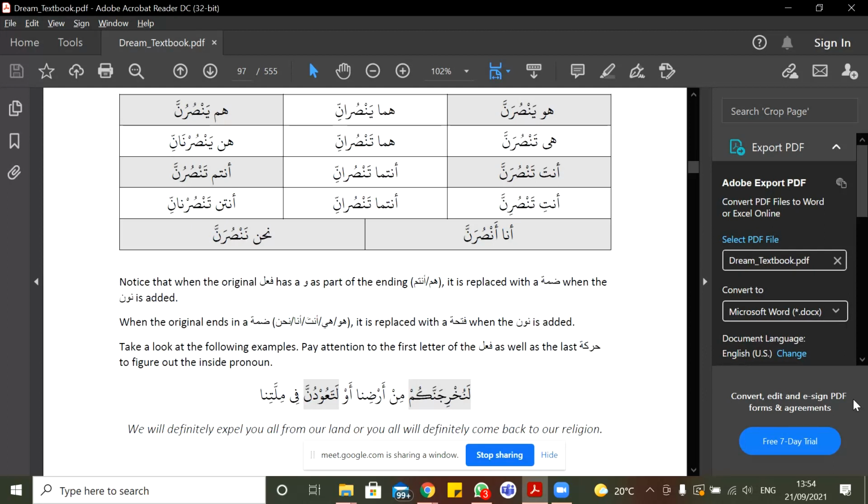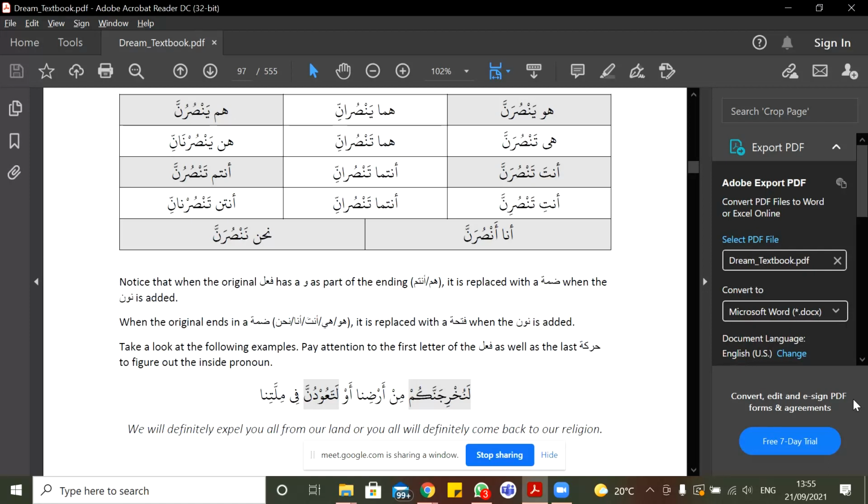Because of the nun with the shadda, it shows the nun of tawkid, to show emphasis. And kum is maf'ul bihi. And there's min. You forgot the la. Oh, la. La is also for emphasis, the lam al-tawkid as well.